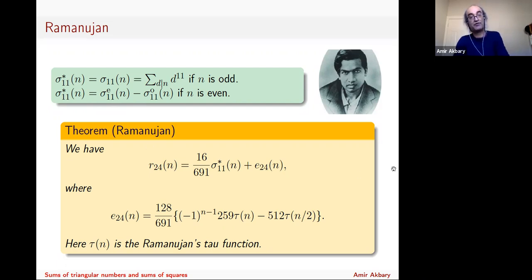And Ramanujan's remarkable result is the following: R24 of n is going to be a multiple of this function sigma 11 star plus an error term, which he denoted by E24. And then he also proved that this E24, the error part, can be represented in terms of the function tau, which is the famous Ramanujan tau function.